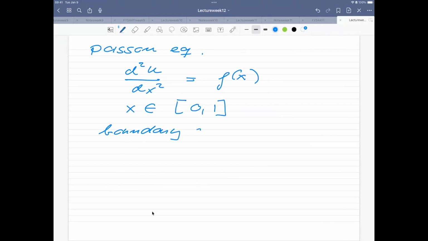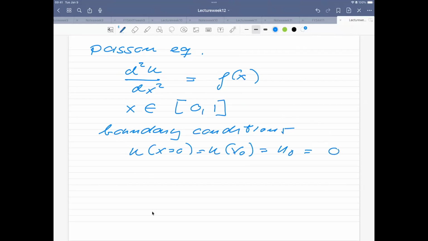The boundary conditions in this specific case in one dimension are u of x equals 0, which we would typically write as u of x0, which we also just rewrite as 0.